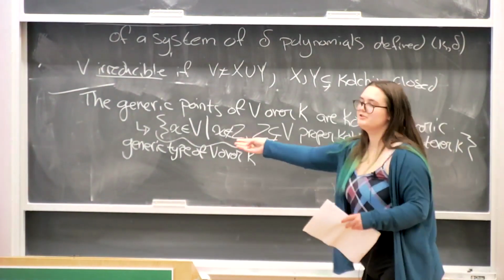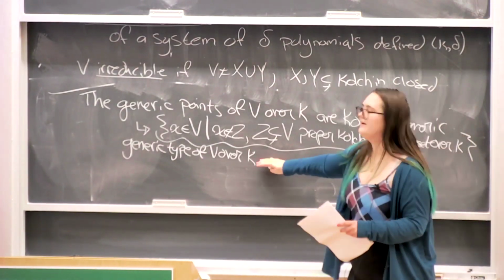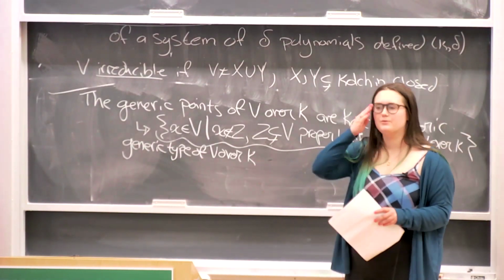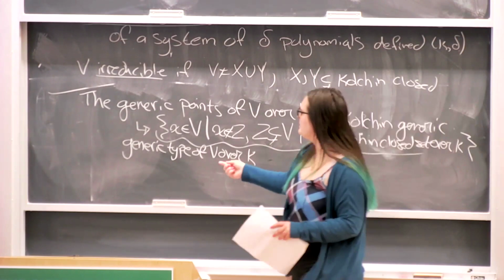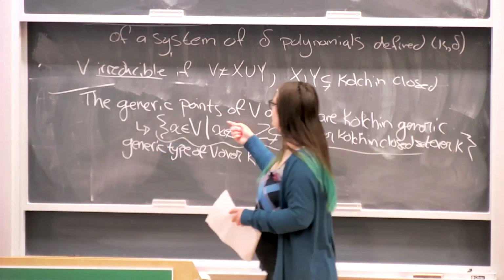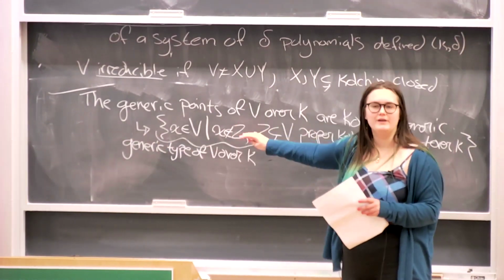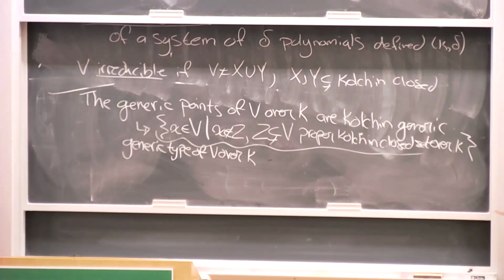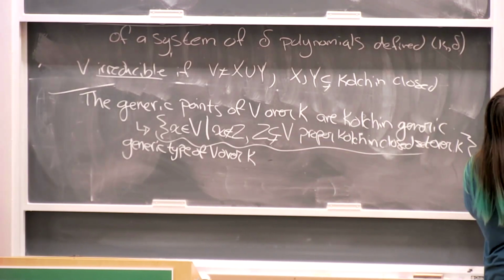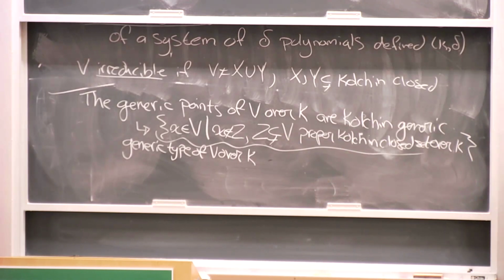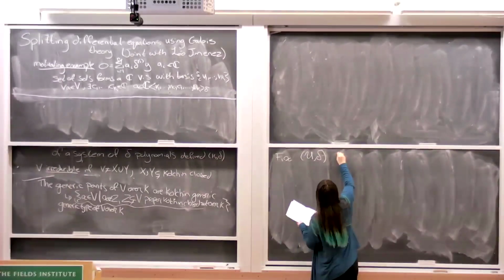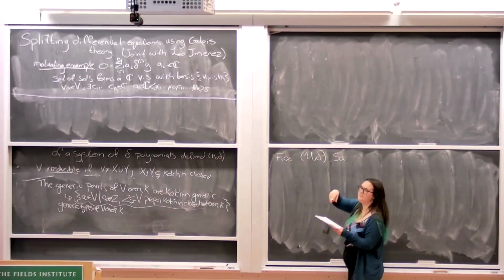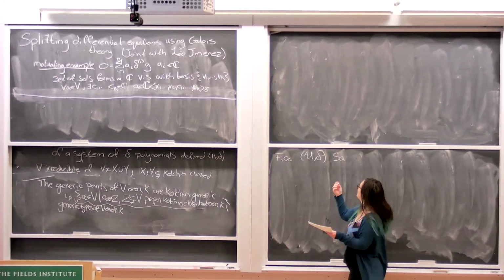So collections of this form give us our generic type of V over K. So really what we'll do is we want to look at things which satisfy collections of equations of this form. Okay, so what we do to start with is we're going to fix U with delta, which is going to be a big universal domain for algebra.